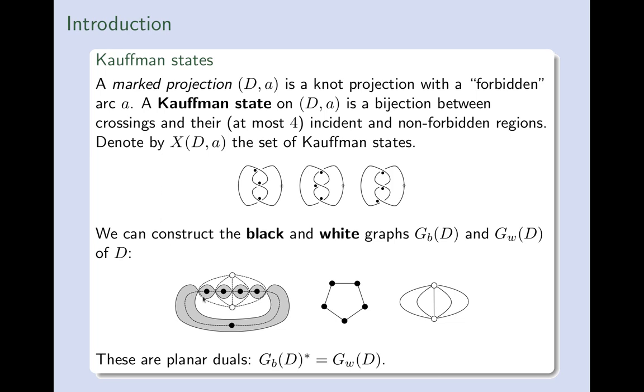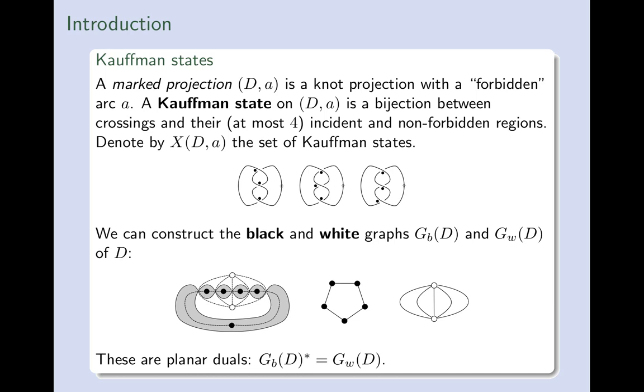You can see here the black graph is the graph whose vertices are the black regions in this specific coloring of this five crossing diagram, and edges are given by crossings, while the white graph is just the same thing, replacing the black regions with white ones.